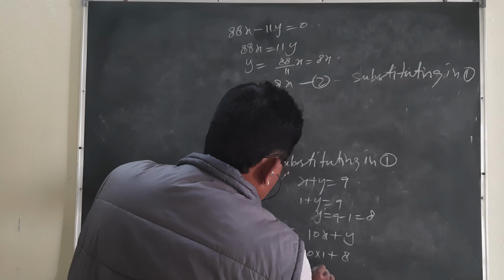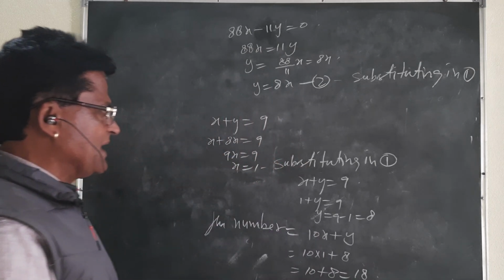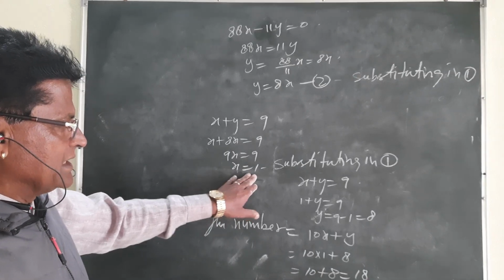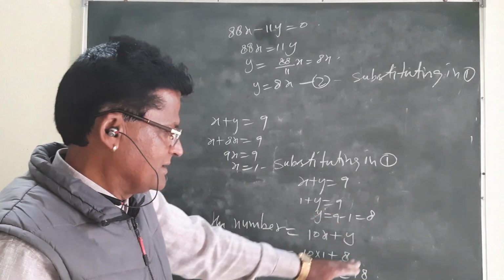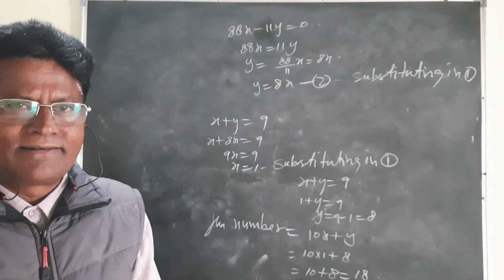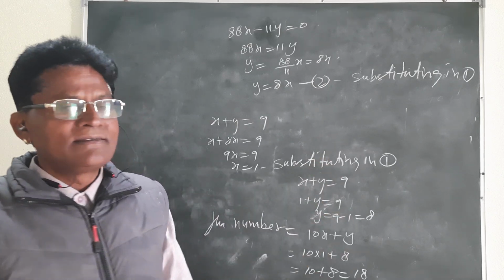How much? 10 plus 8 will be equal to 18. The number will be 18. X will be 1, y will be 8, and the number will be 18. You see, the sum of the digits is 9: 1 plus 8, that is 9.